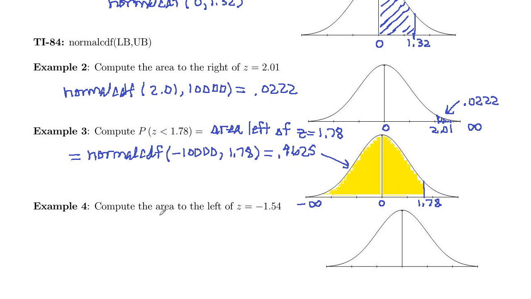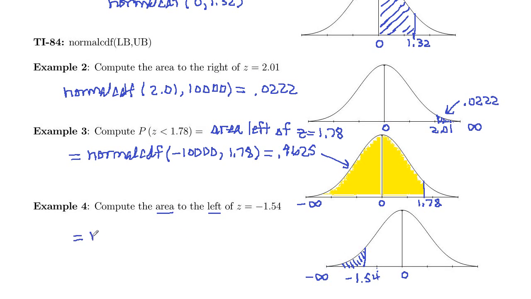And now compute the area to the left of z equals negative 1.54. So z equals 0 here in the middle, negative 1, negative 2, negative 3, so negative 1.54 about right here. And we want to the left, so we want that little piece of area. So our lower cutoff is going to be negative infinity again.